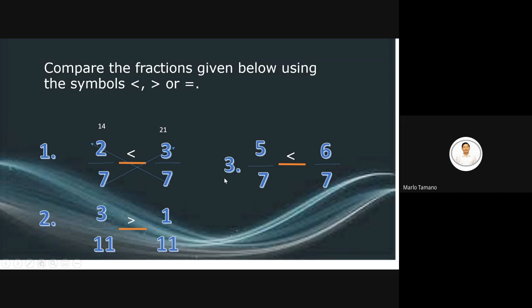Number 3, ano mas mataas, is it 5 or 6? 6 po. So therefore, 5/7 is less than 6/7. So yun po yung ating idea in comparing similar fractions: the greater numerator, the greater or larger fraction.